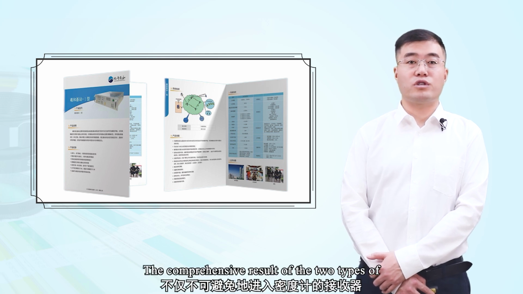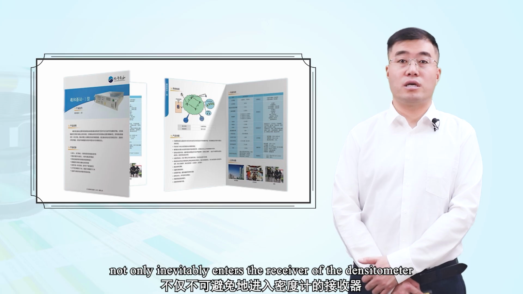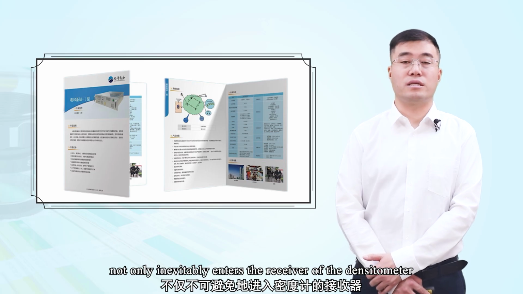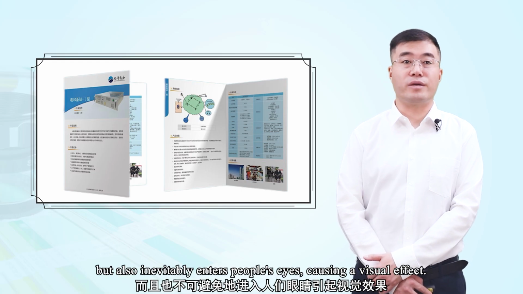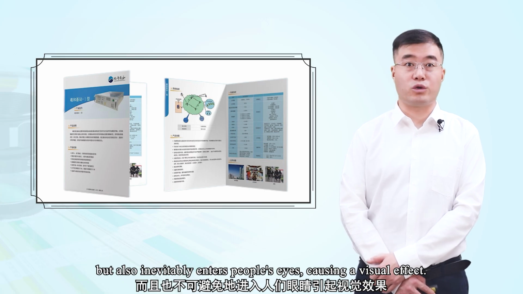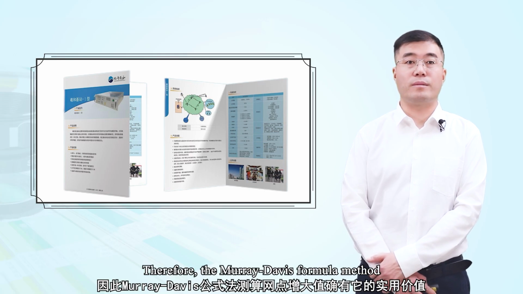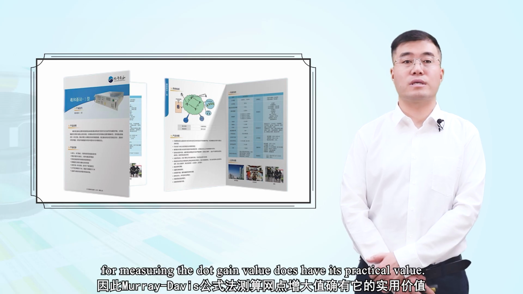The comprehensive result of the two types not only inevitably enters the receiver of the densitometer, but also inevitably enters people's eyes, causing a visual effect. Therefore, the Murray-Davis formula method for measuring the dot gain value does have its practical value.